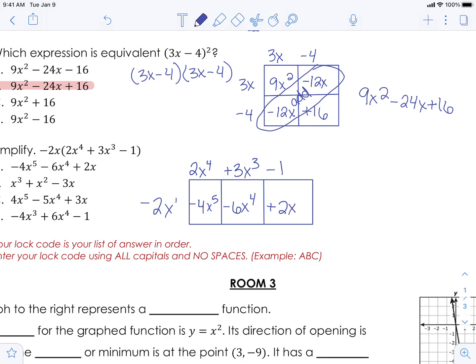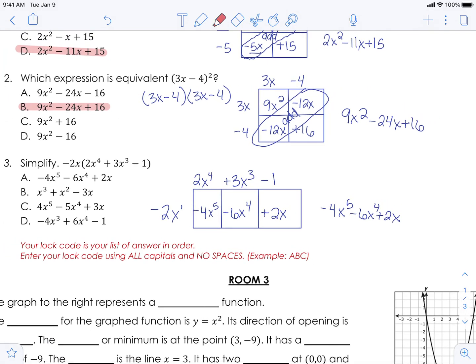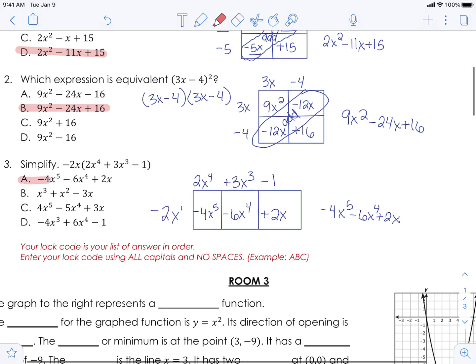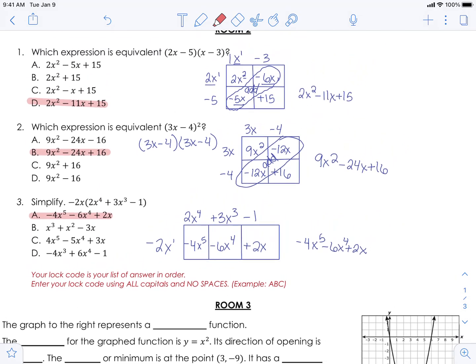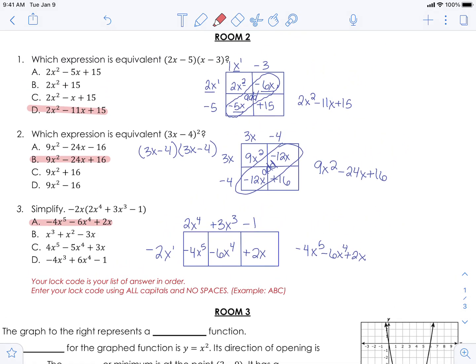None of those are like terms, so I have a negative 4x to the 5th minus 6x to the 4th plus 2x. So I look at my answer choices, and it looks like it is answer choice letter A. Okay, so that's the multiplying part that we've been doing the last few days.